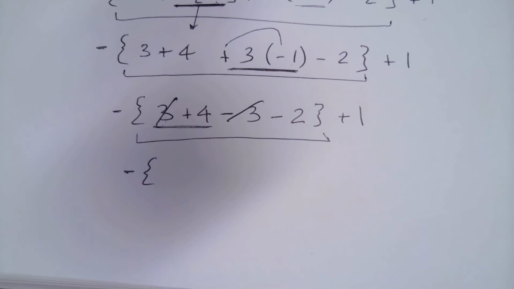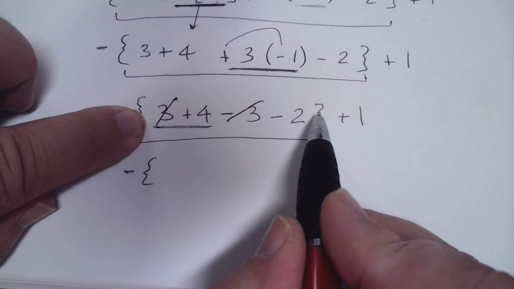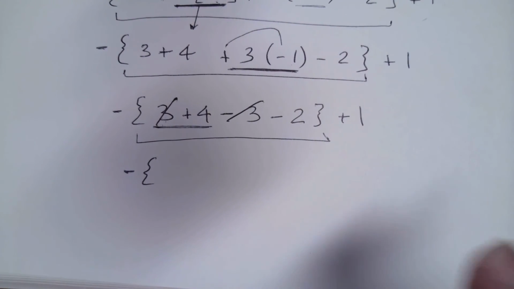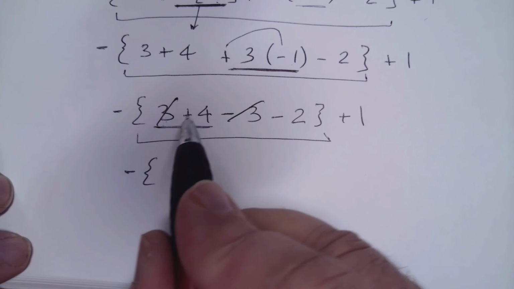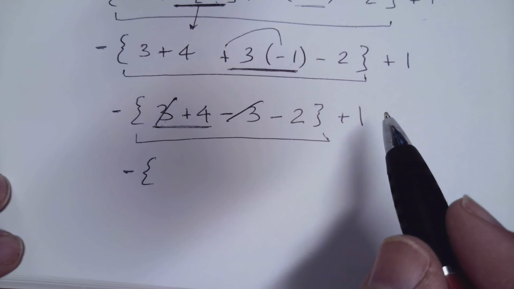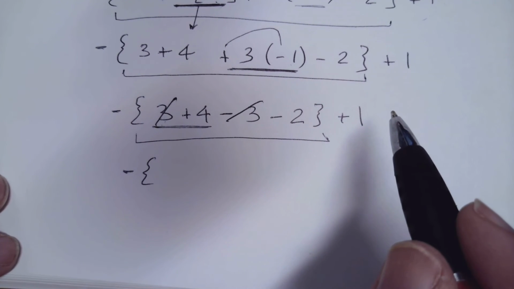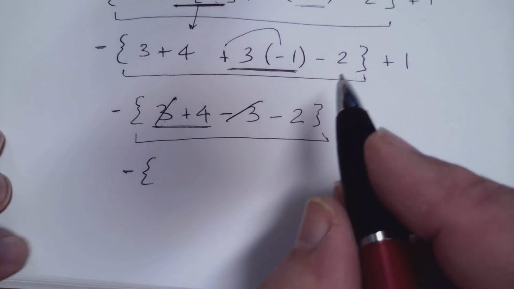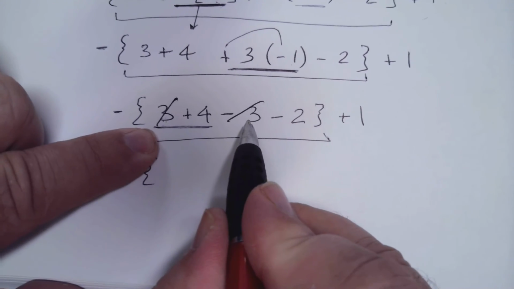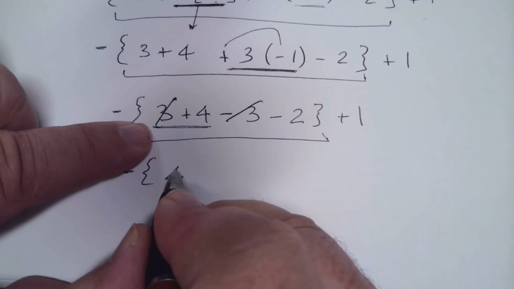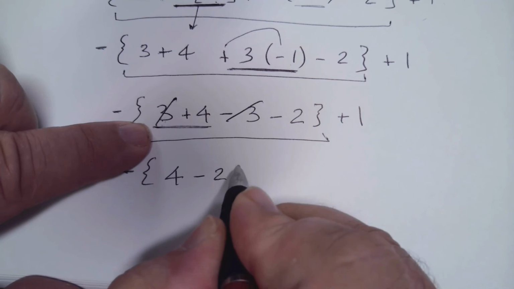You don't have to go left to right. If it's just addition and subtraction, they're the same level of importance. I could just move them around. Do you want me to do that, or just keep on going left to right? Cancel? All right. So 3 and negative 3 cancel. So what I have left is positive 4 minus 2.